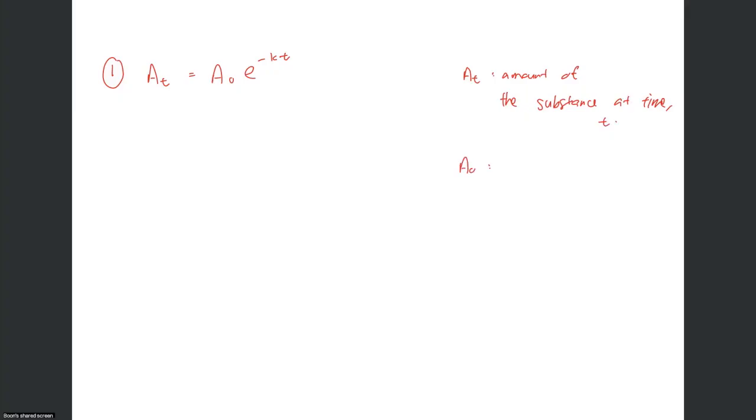A naught is the amount of the substance at time 0.